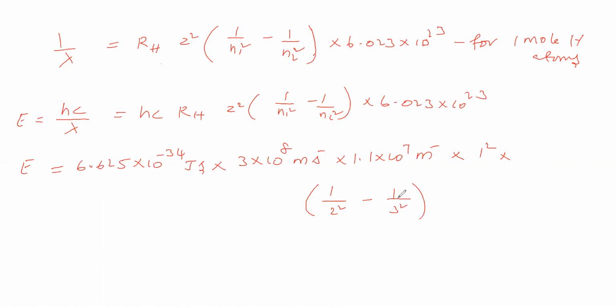Everything is in SI unit, therefore we will get energy in SI unit. So 182.5 into 10 to the power of 3 joule, that is 182.5 kilojoule.